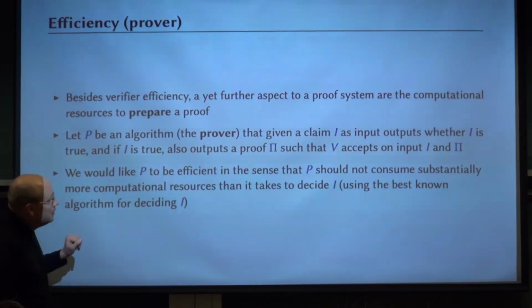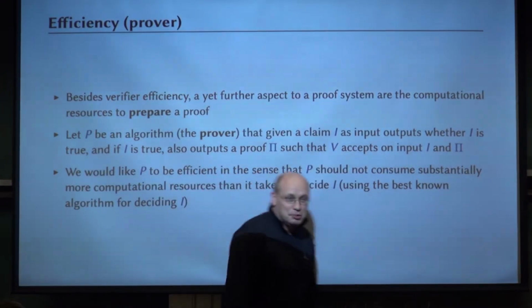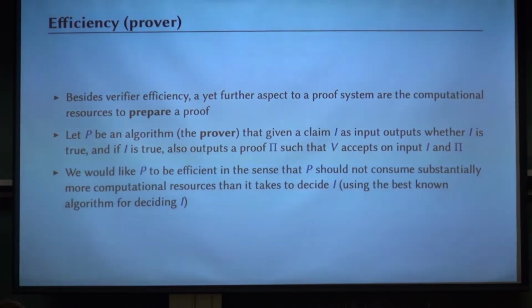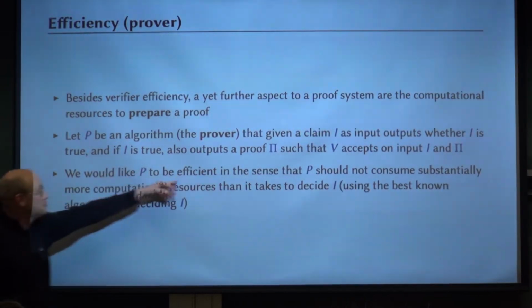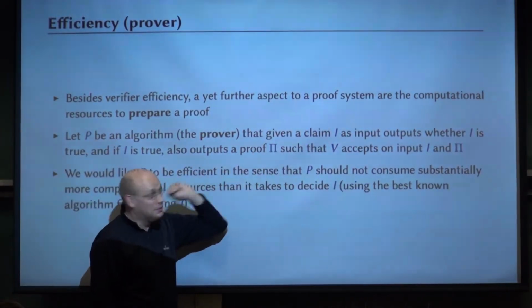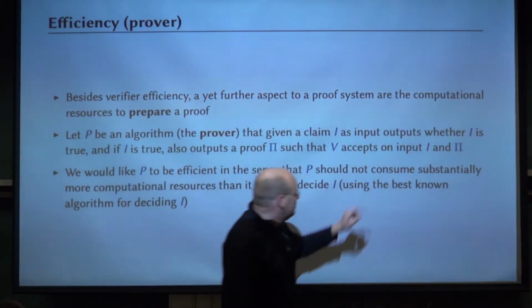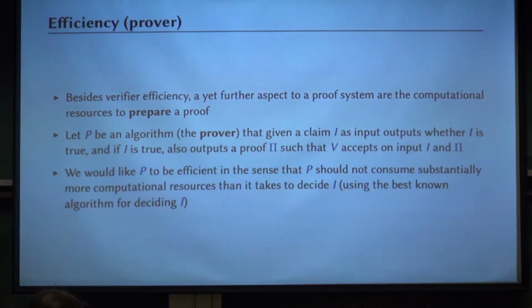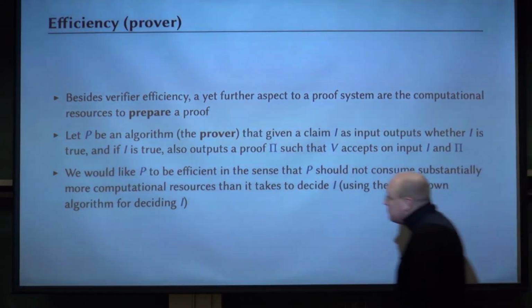And of course now, the prover gets a claim as input, and maybe it needs to decide whether the claim is true first. And if it is true, then it also needs to output a proof that is good for the verifier, in the sense that given the proof and the instance, the verifier will always accept if we assume perfect completeness. And again, what does it mean to be efficient here?